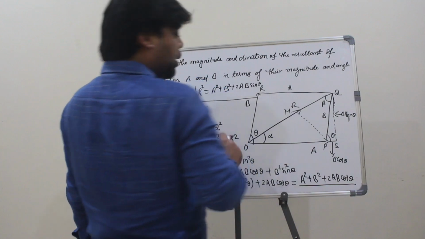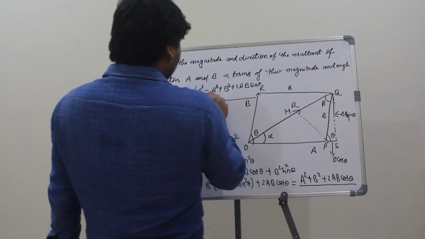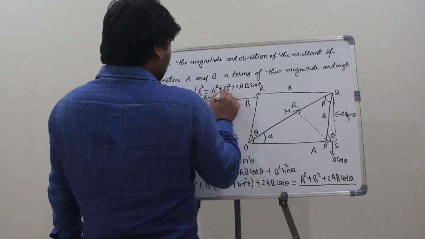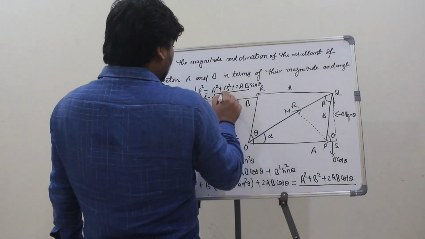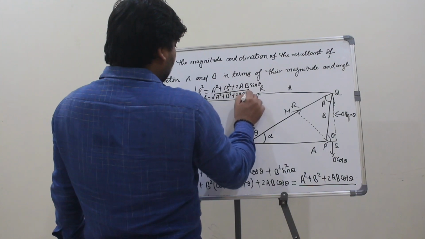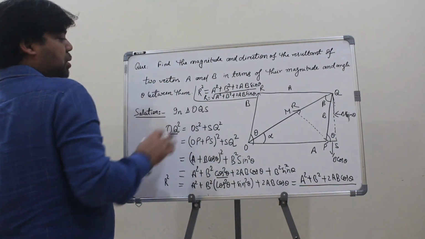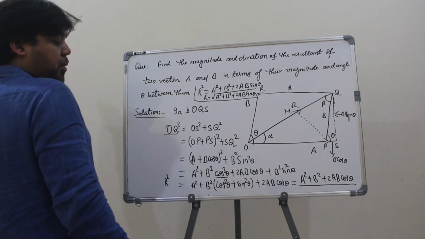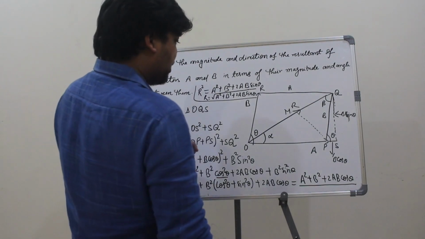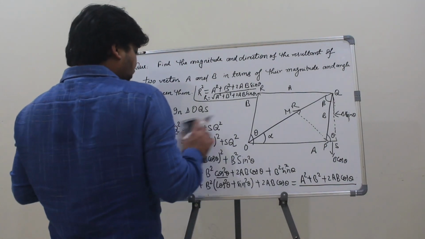So what exactly you are getting is R square is A square plus B square plus 2AB cos theta. So it means that R is root of A square plus B square plus 2AB cos theta. This is one relation we have found. Now let us try to establish a relation between alpha and theta.